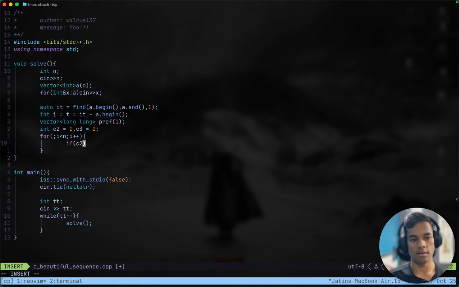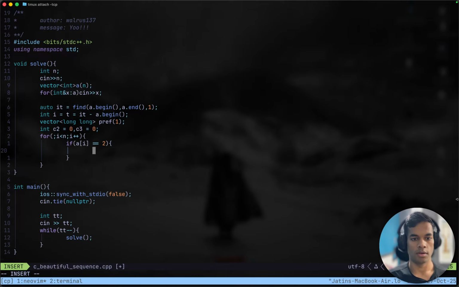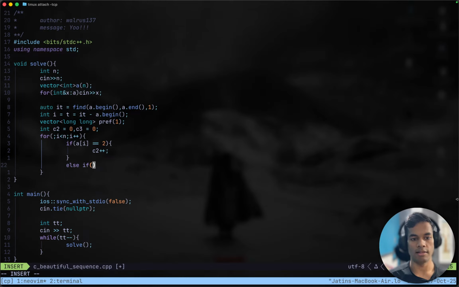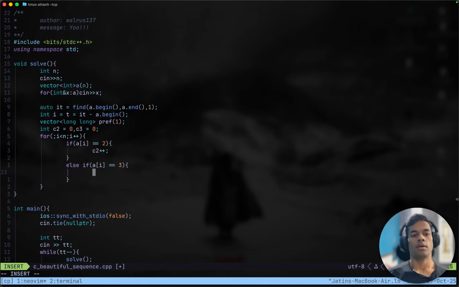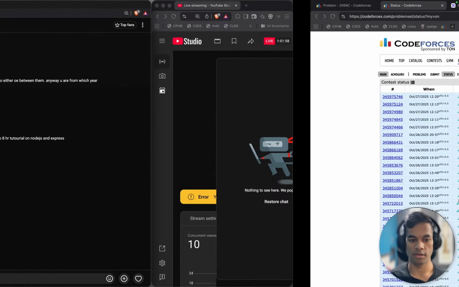And if a[i] equals 2, then C2 plus plus. Else if a[i] equals 3, then we will have to do something.